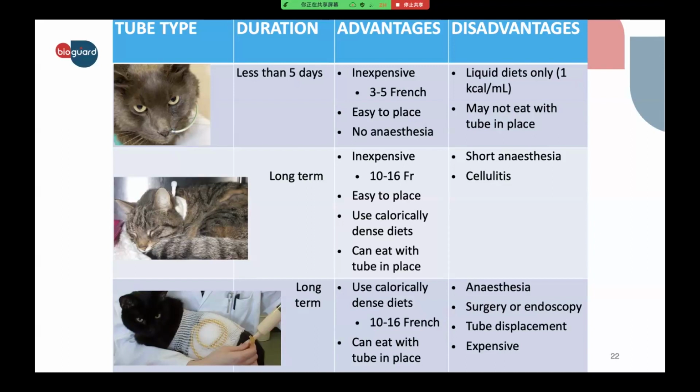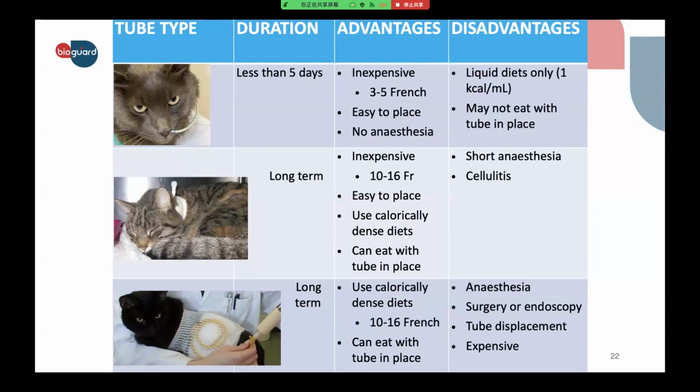We need to feed them for a very long time, so the nasal tube is not an ideal choice. For this kind of situation, I will definitely choose esophageal tubes.